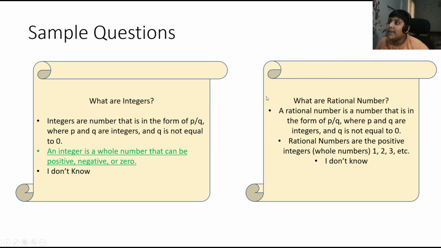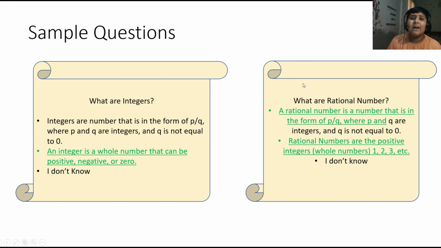Is it option A or option B or option C? The answer is option B. Sorry, I told you the wrong answer earlier, because some students think that the other option is the answer to what rational numbers are, but they are wrong. Rational numbers are the numbers that are in the form of P upon Q, where P and Q are integers and Q is not equal to 0.